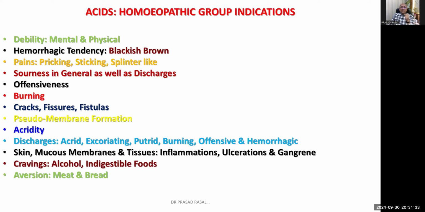The muriatic acid is most debilitated. Picric acid, senile dementia, senile weakness, senile prostration. So, debility is always a hallmark of the acid group. And that's what you have to understand first.